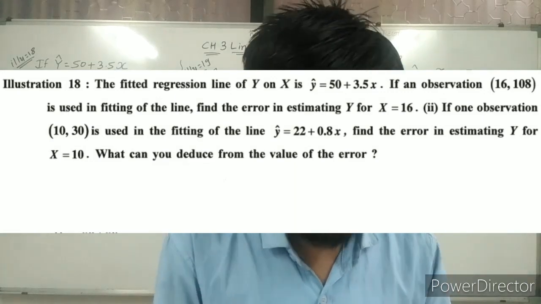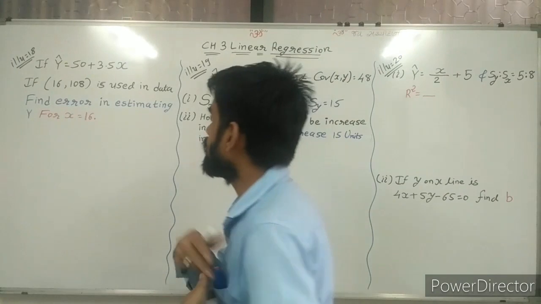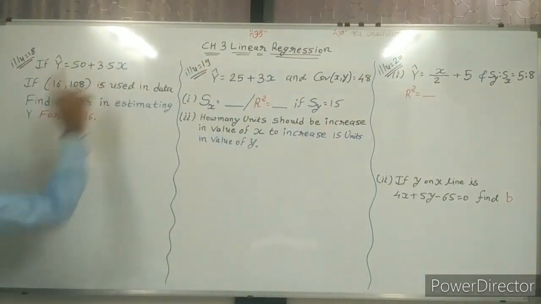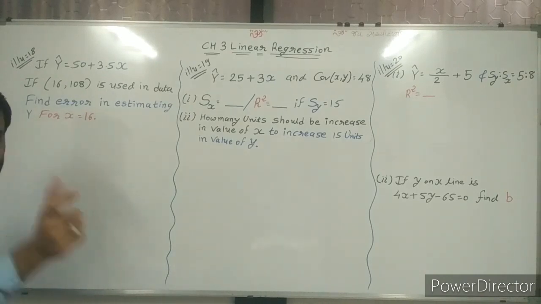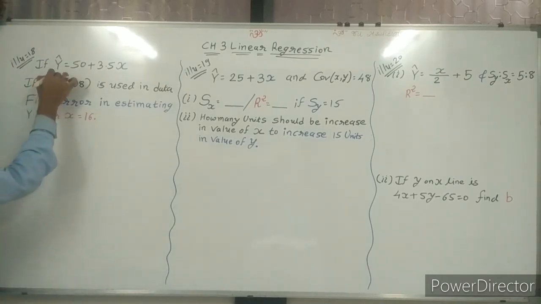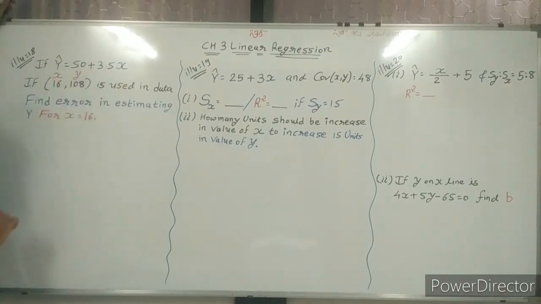Now this question basis I have written on the board. y cap is equal to 50 plus 3.5x. One pair of observation is taken, 16 and 108. Here 16 is the value of x and 108 is the value of y.